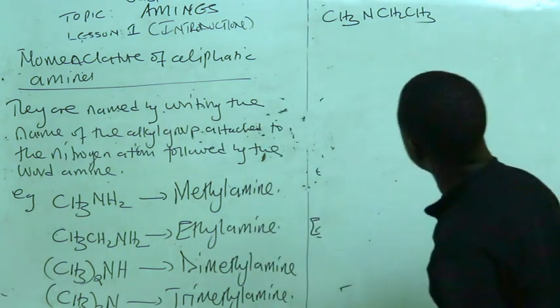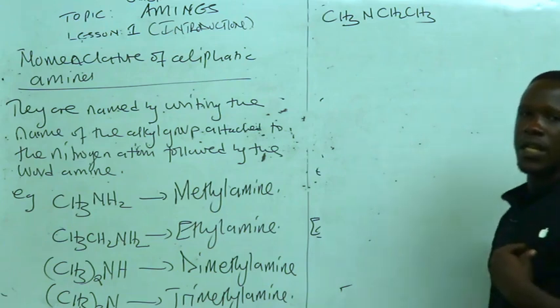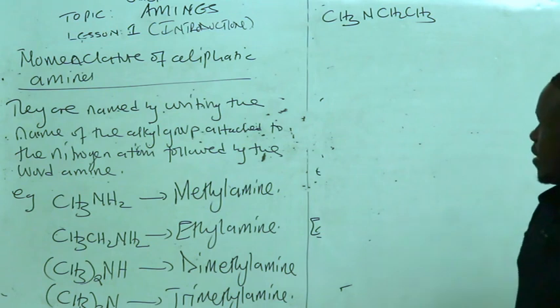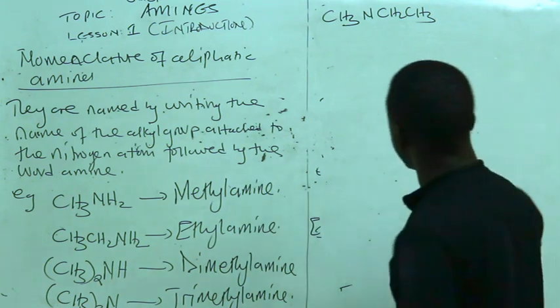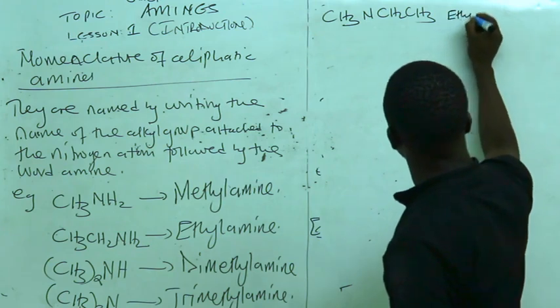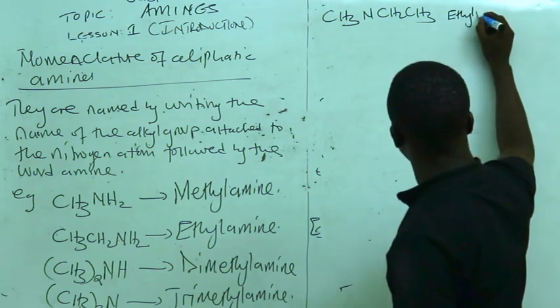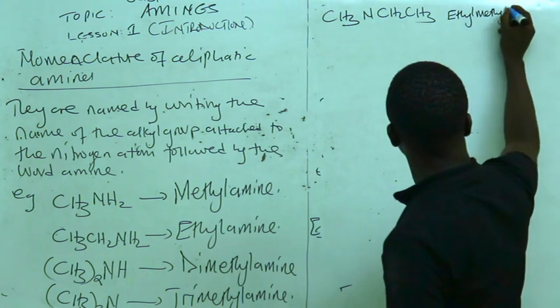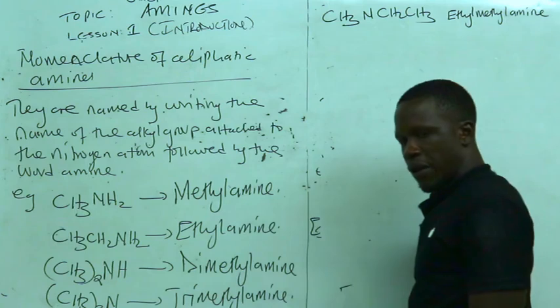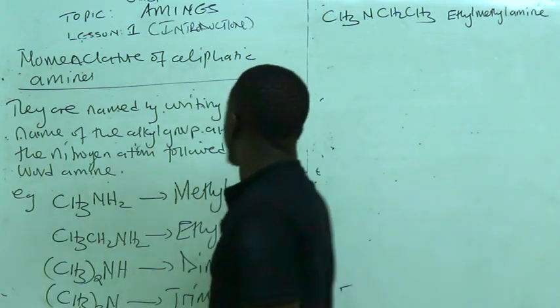In that case, we are going to write the names of the alkyl groups and arrange them alphabetically. And so this one would be the first one, ethyl, and then methyl amine. Ethyl, methyl amine.